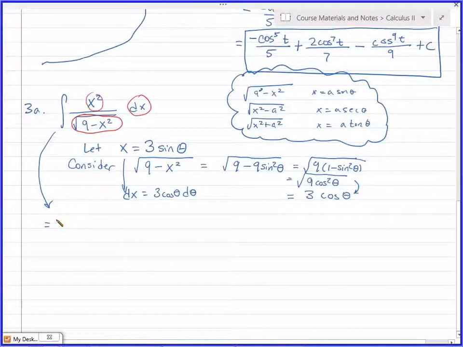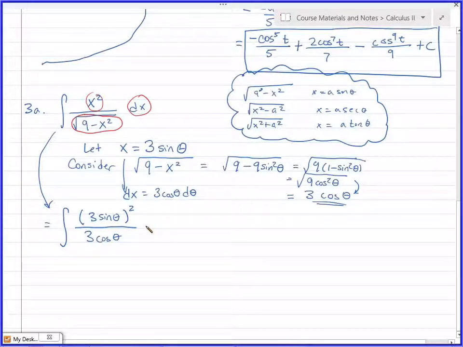So this is that kind of reverse substitution. What you do is you just plug in directly for x. You're not trying to manipulate the integrand into anything, you just do a direct substitution. So on top, x is 3 sine theta, so that's squared. On bottom, I know I have 3 cosine theta, from over here, and that's what the square root of 9 minus x squared turned out to be.